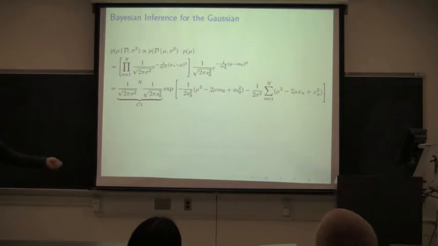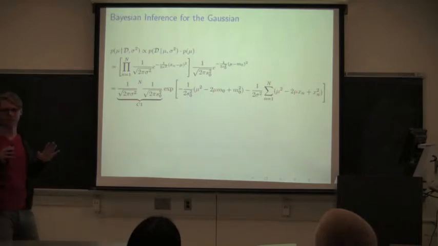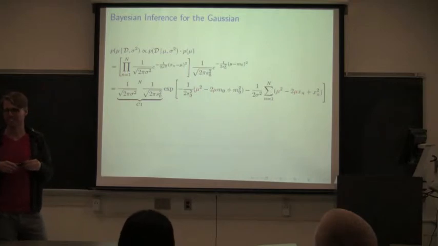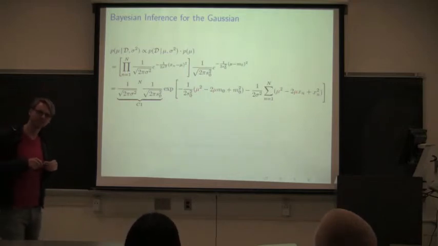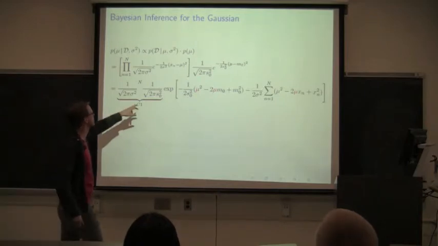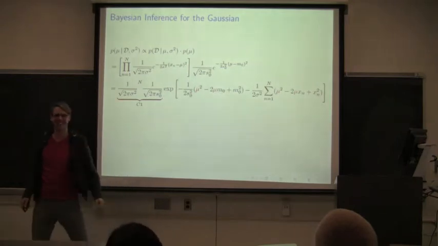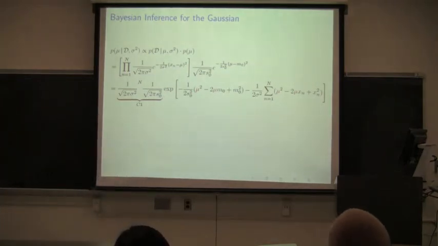Any ideas? Do you know distributions that are related to the squares of the variable? So we have this e here. How about the Gaussian? Okay, so let's try to put this into a Gaussian form.